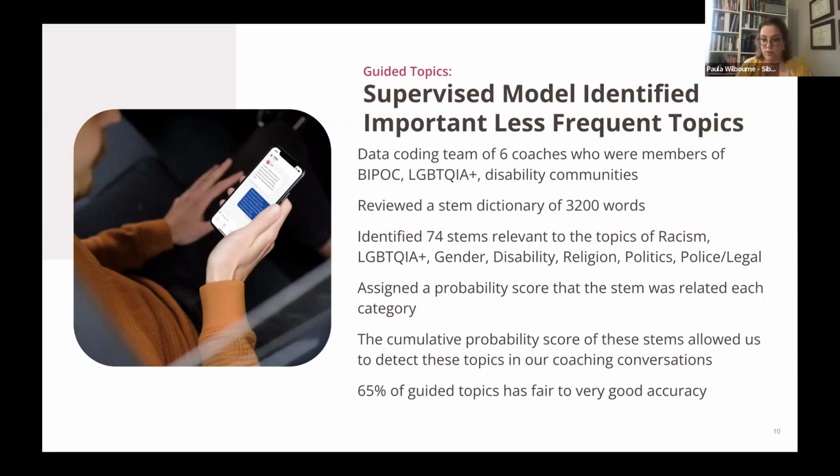We then assigned a probability score to each stem of how directly related this stem is to these topics.